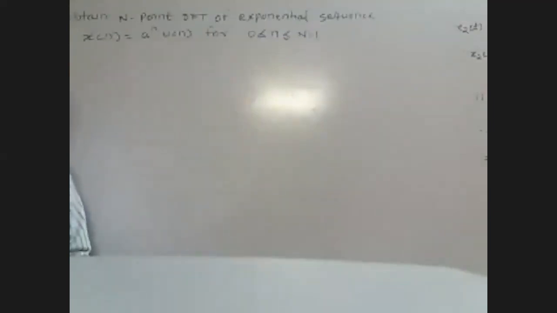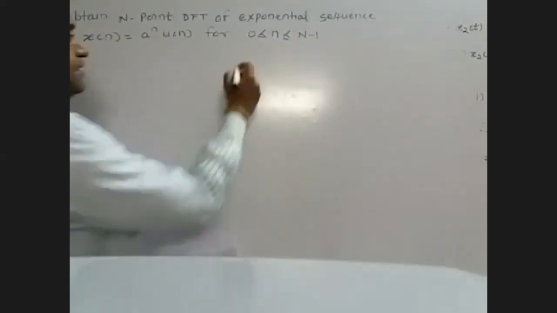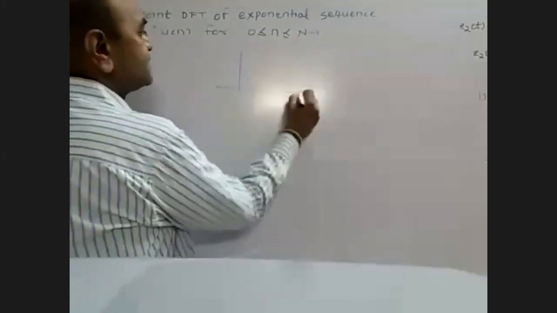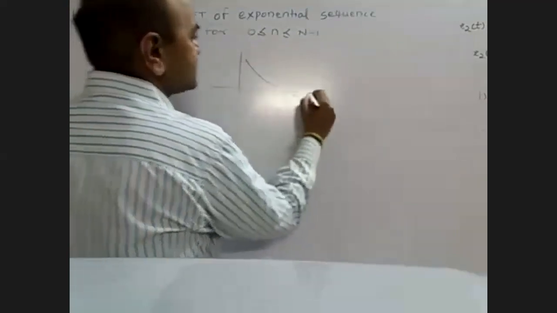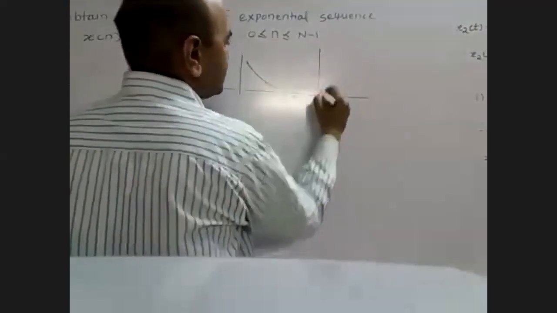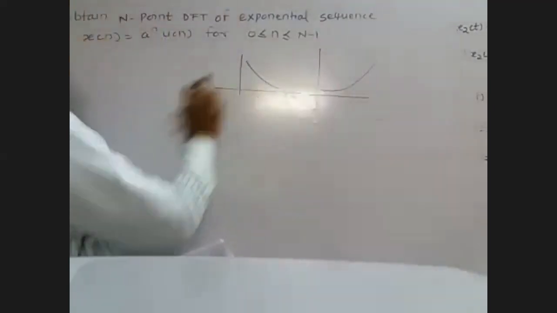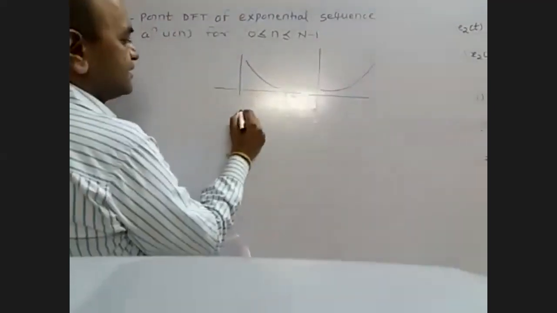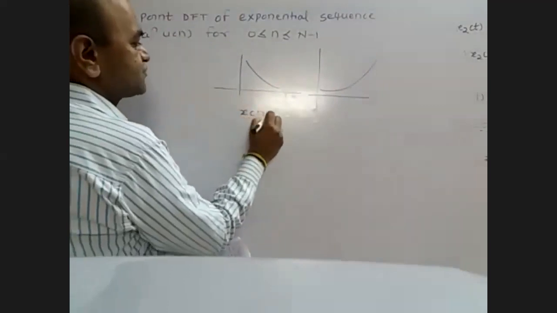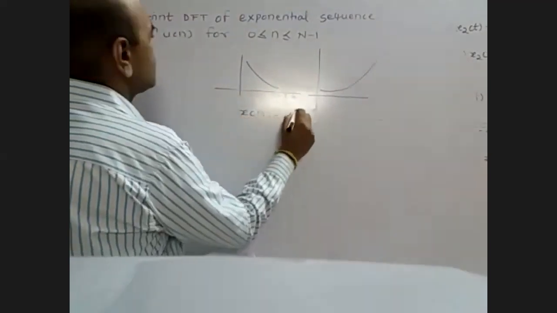So here we have to find the DFT of the exponential sequence. Now you already learned the standard exponential signals, which are increasing exponential signals or decreasing exponential signals, represented as x of n equal to a raised to n.